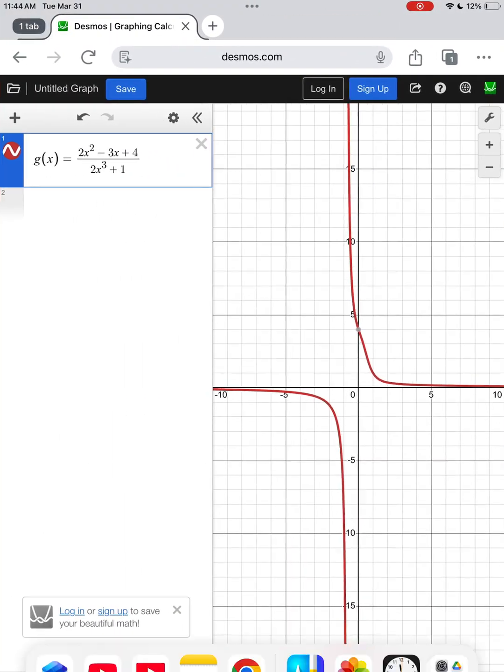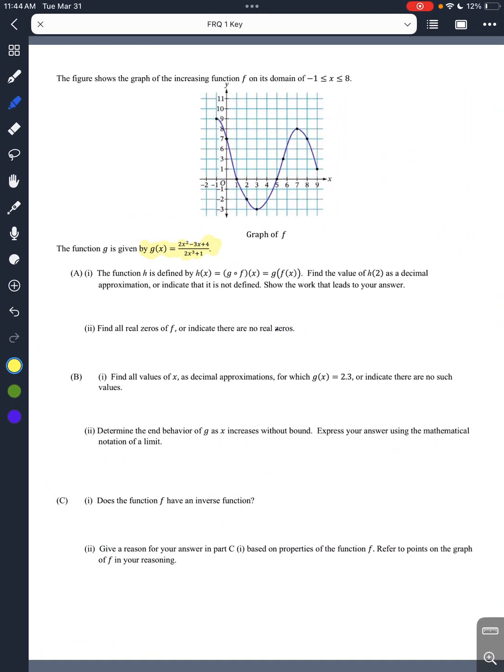Now let's go ahead and start this first problem. So it says h of x is g of f of x. It shows both different ways of doing function composition. Find the value of h of 2. So h of 2 is g of f of 2.